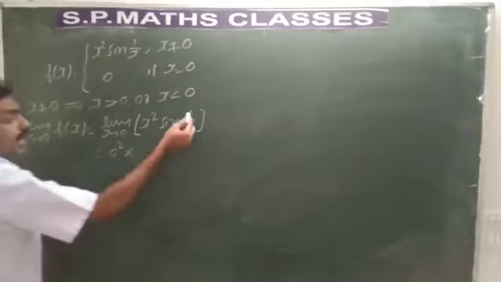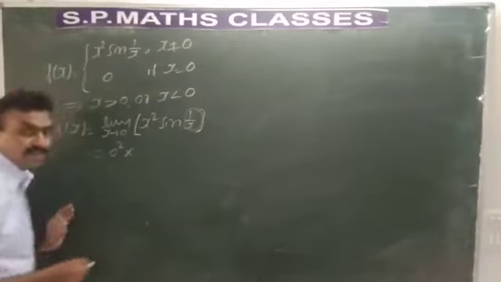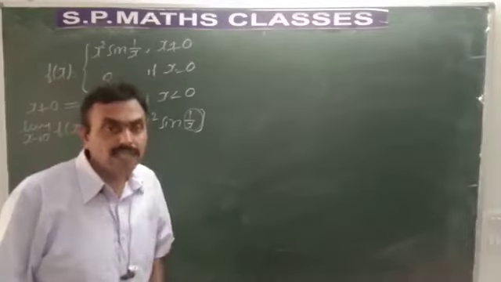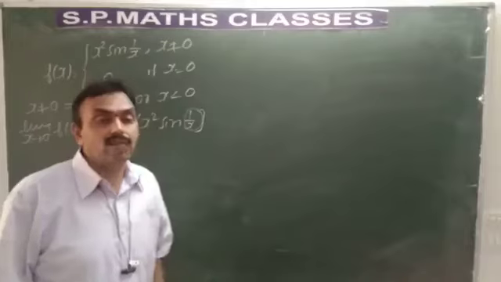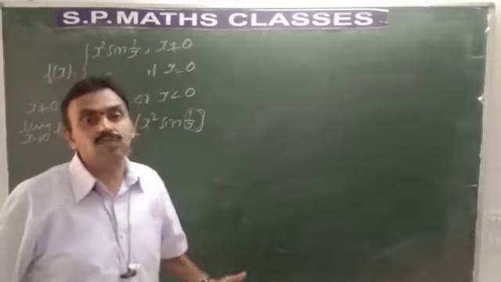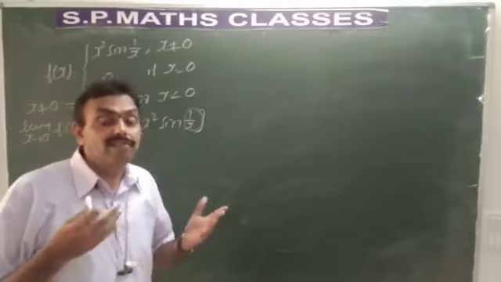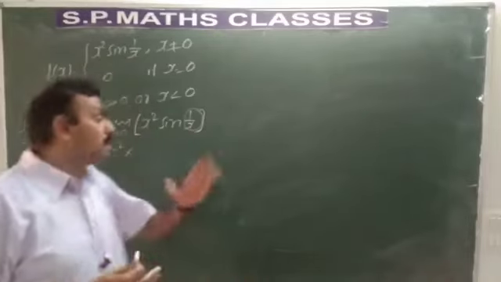It is sine of a value. Sine of an angle is always a finite quantity, between minus 1 and plus 1. Even in the case of cos, it is a finite value between minus 1 and plus 1.